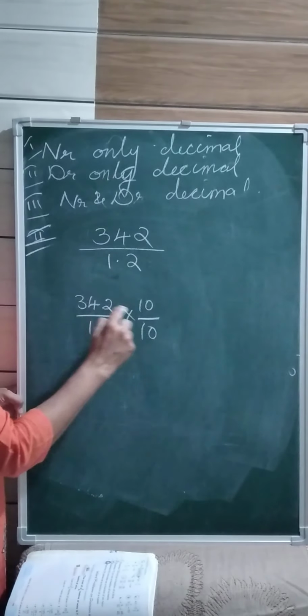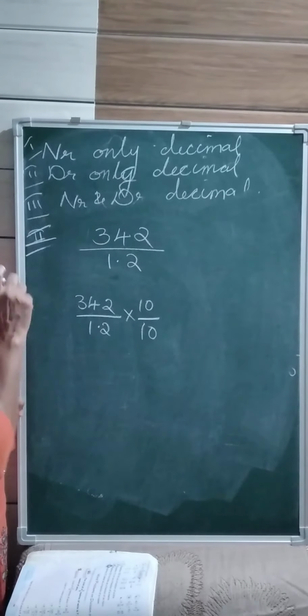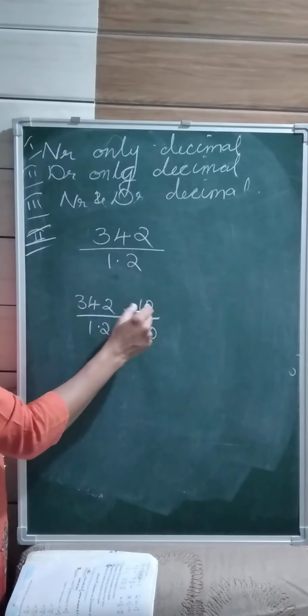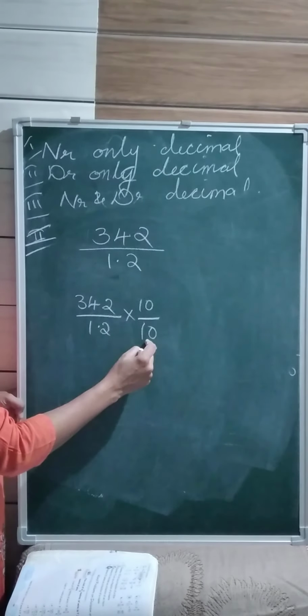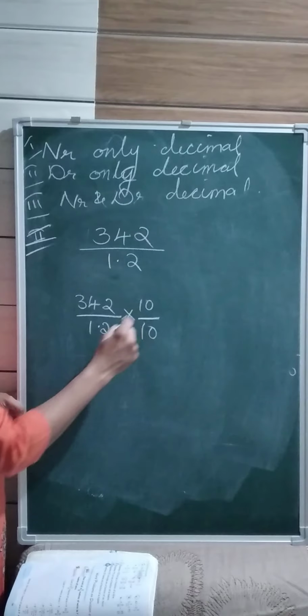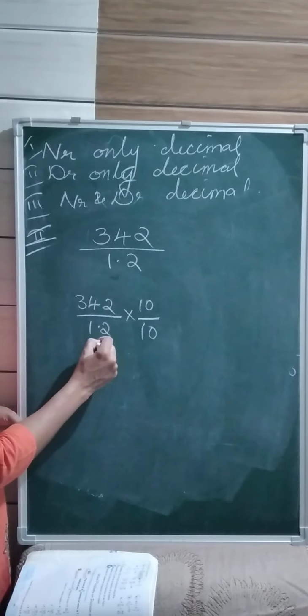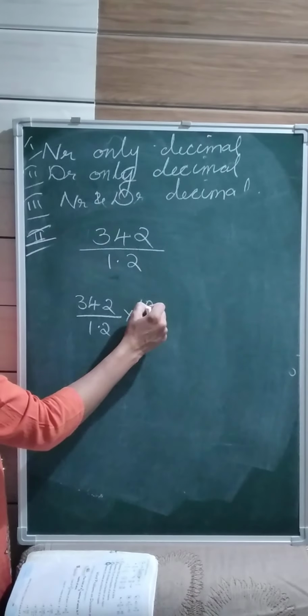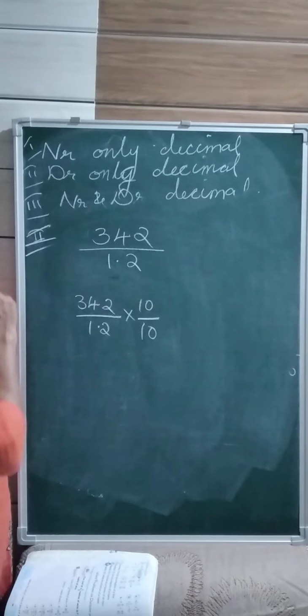We can multiply and divide by the same number, so the value stays the same. That number will be 1 followed by as many zeros as there are decimal digits. Here only one digit, so 10.